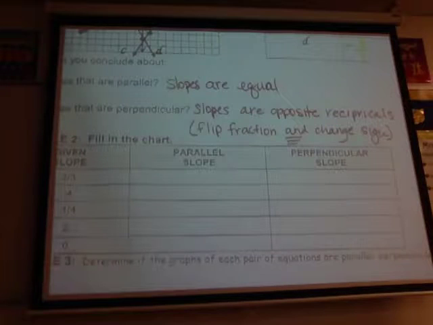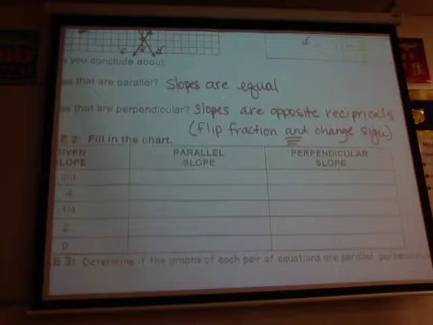Okay? So what we're going to do is fill this chart out really quick, and we're going to decide whether they're parallel, what the parallel slope would be, and then what the perpendicular slope would be too.